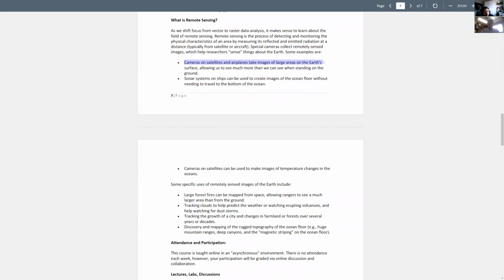Sonar systems on ships. So I have to think about if we have what's called a bathymetry dataset out there. Sonar, I'm sure you're familiar with that term, right? That's when you're underwater and you're sending a signal out and it bounces back, like the beep, beep, beep. It's not quite that in particular, but it's a related sensor that sends a signal out, an active signal, to bounce off something and come back, and that's called a return.